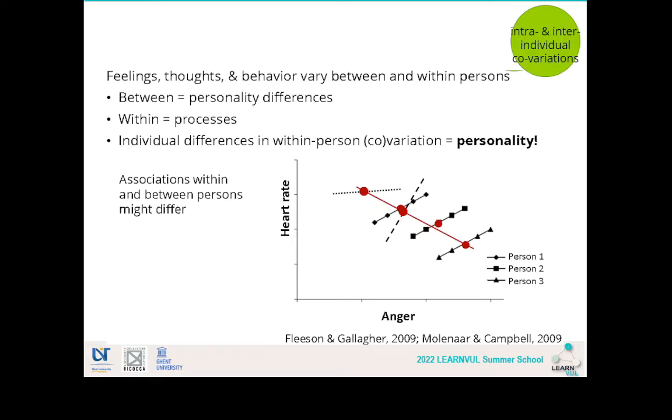So the association at the between and within person levels will be different. Depending on where you put the lens, you will have a different relation. If you look only at the between level, then maybe you will have one relation, but if you look at the patterns of different people, it will tell you a different story.